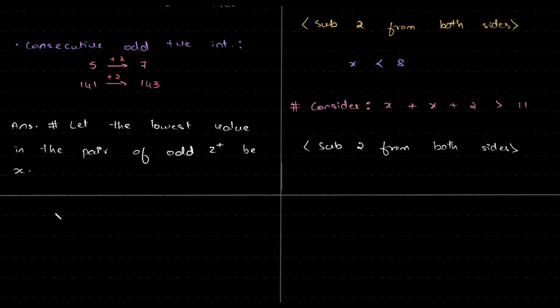And so we end up with 2x is greater than 9. Agree? So what is the next step? We're going to divide 2 on both sides. So we'll end up with x is greater than 4.5.